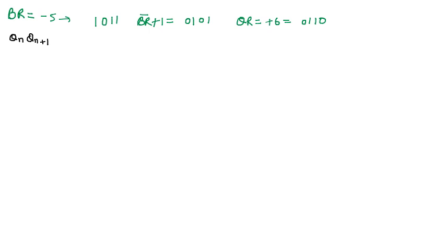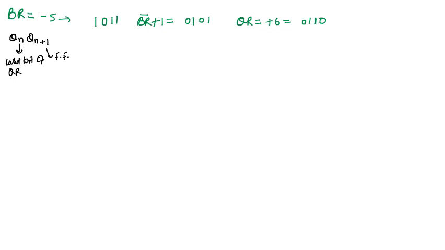This Qn is the last bit of QR, and Qn plus 1, as we have discussed, is already a flip-flop.